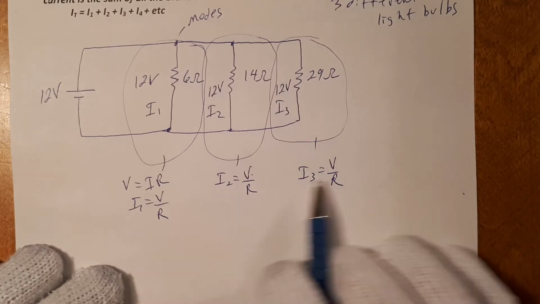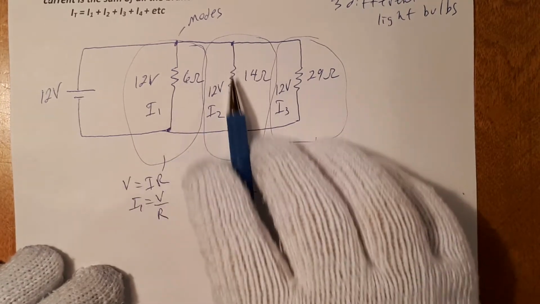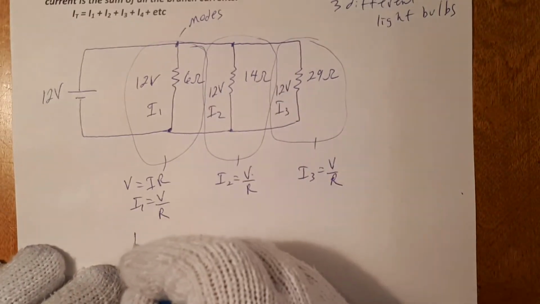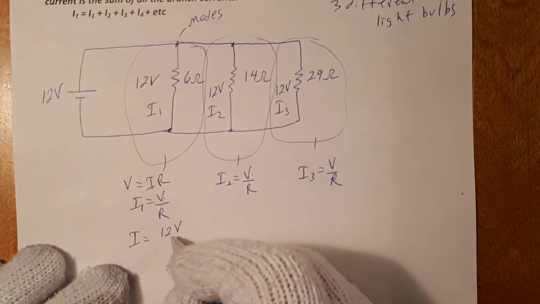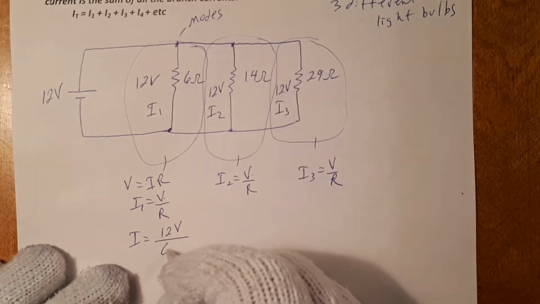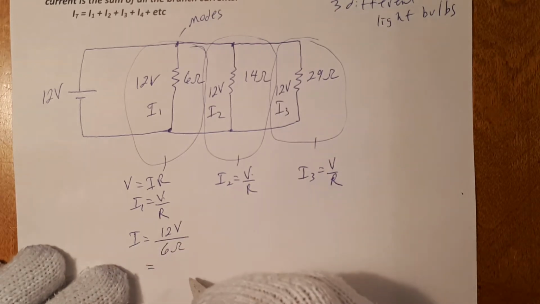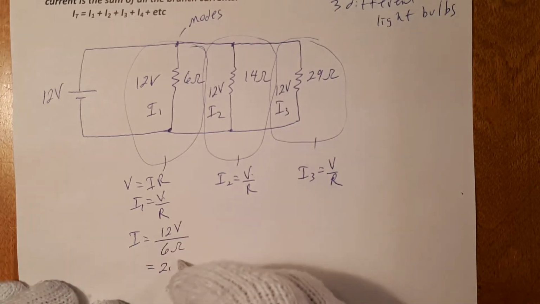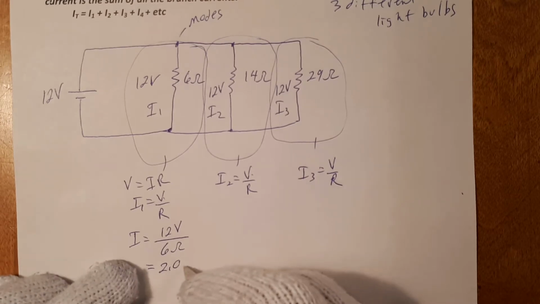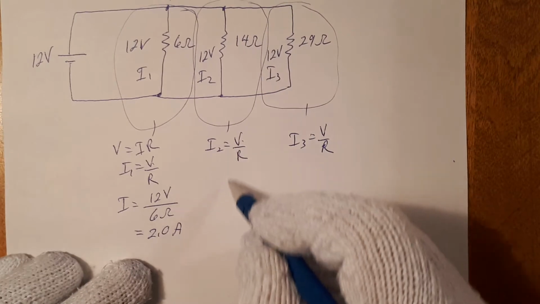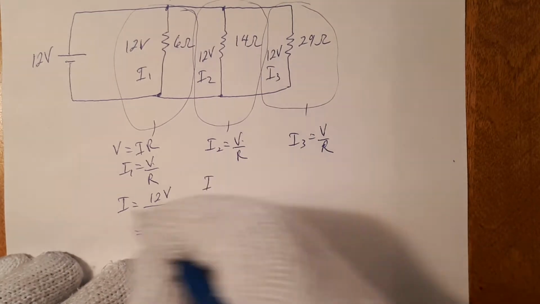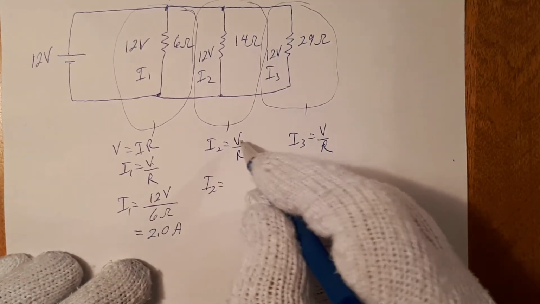Putting in the numbers now to find out what the current is down each one of these branches. Current 1 is the voltage, which is 12 volts, divided by the resistance, 6 ohms, and that is equal to 2.0. Current has the unit of amps. Doing the same thing here, I2 is equal to the voltage.